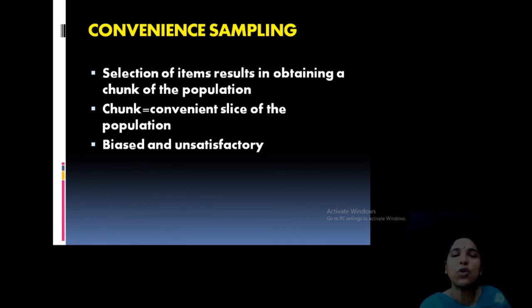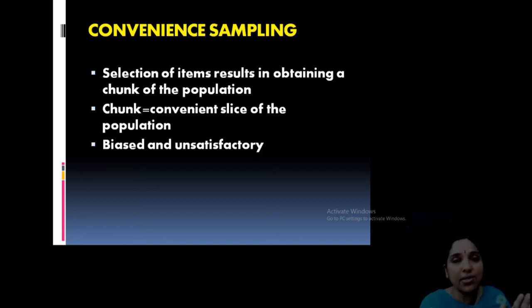You have a big cake, and when you cut it, I will take only a small slice, and based on that I will predict everything. Clear? I will draw results only from that small slice. That is what a chunk is, and this type of sampling is convenience sampling.